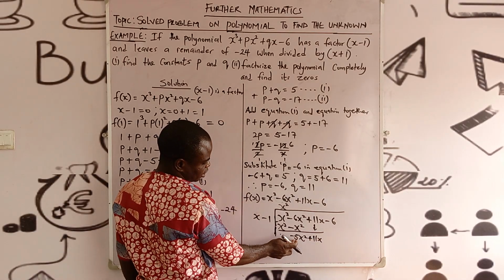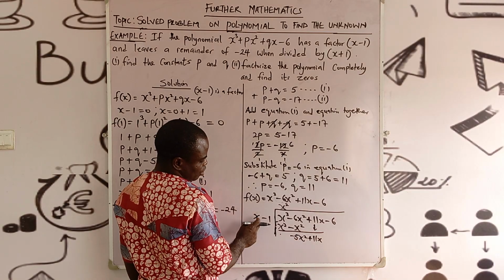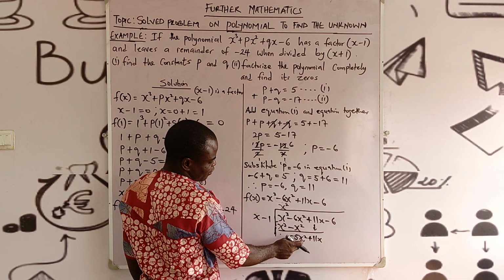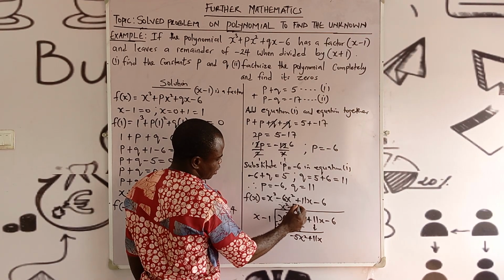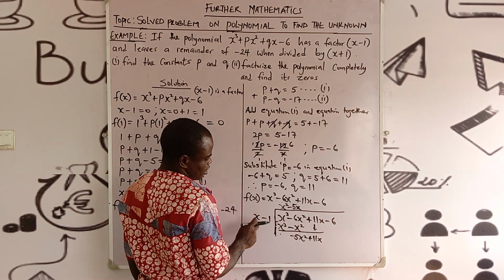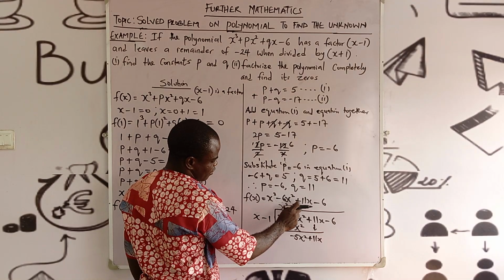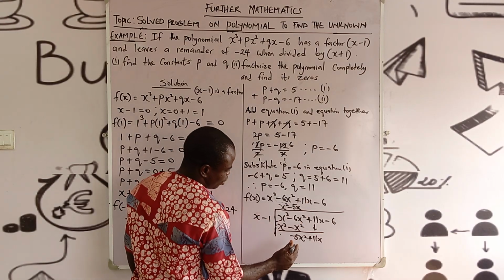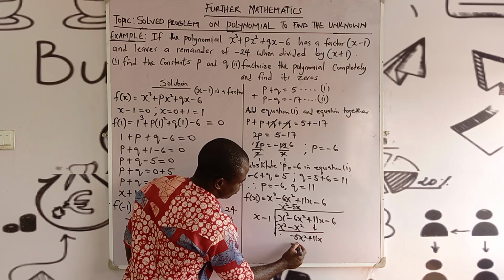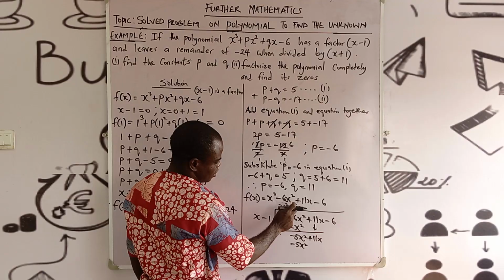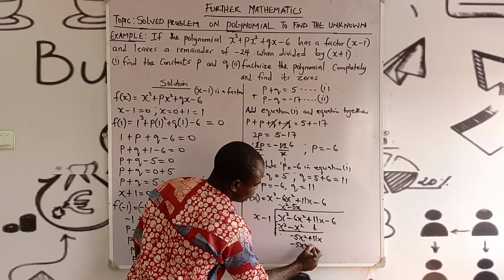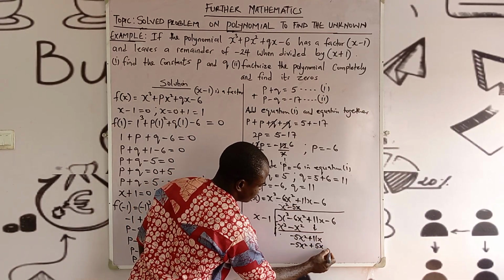Now consider this. What can you multiply with this x that will give us minus 5x squared? That's minus 5x. Now x times minus 5x gives us minus 5x squared. Minus 1 times minus 5x gives us plus 5x.